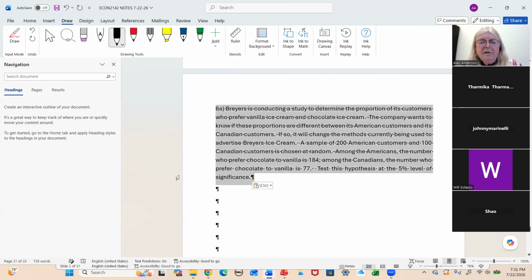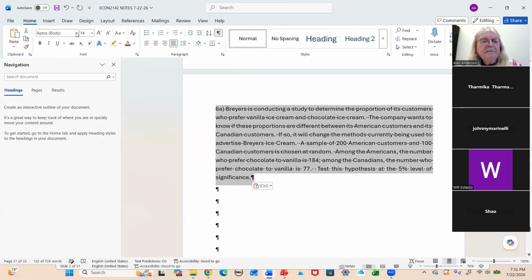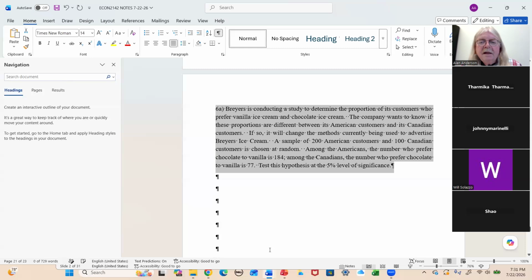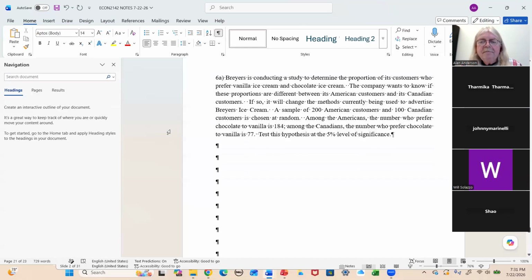Now, here comes, oh, ice cream. Breyers is conducting a study to determine if the proportion of the customers who prefer vanilla and chocolate, the proportion, they want to know if they're different between American and Canadian customers. If they are different, they will change the methods being used to advertise Breyers.